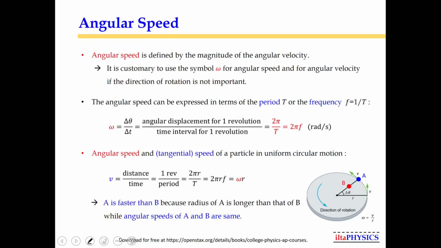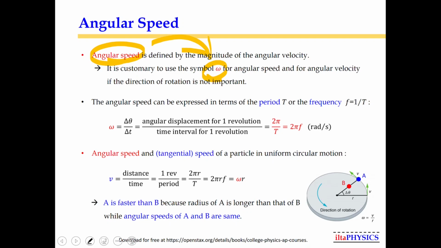Generally, if the direction of a rotating object's angular velocity isn't important, we call only the magnitude of that angular velocity angular speed and denote it as omega. In other words, angular speed is defined as the magnitude or absolute value of angular velocity.